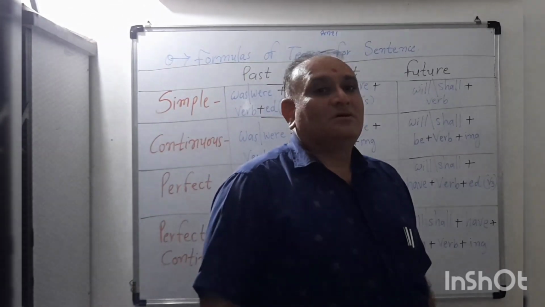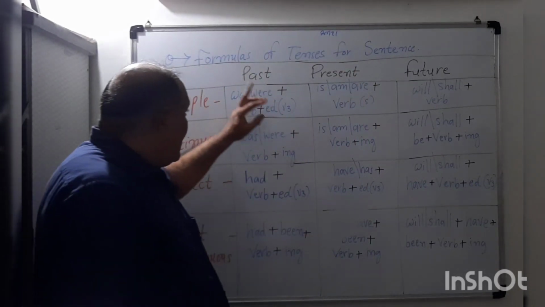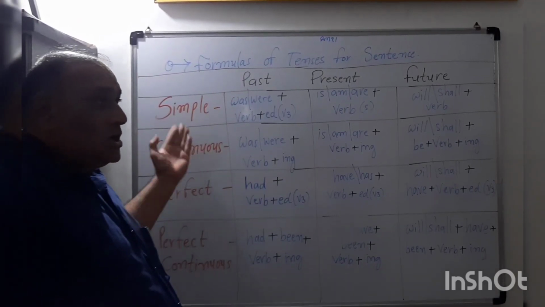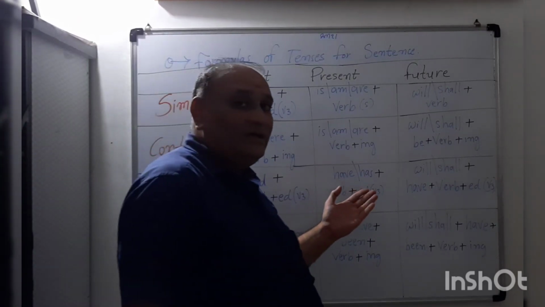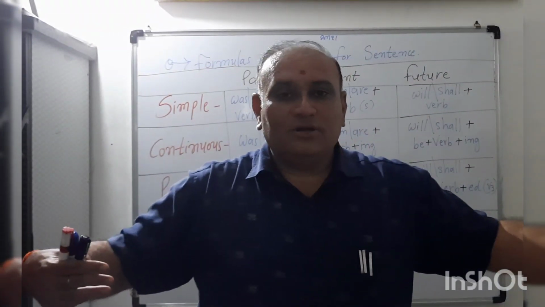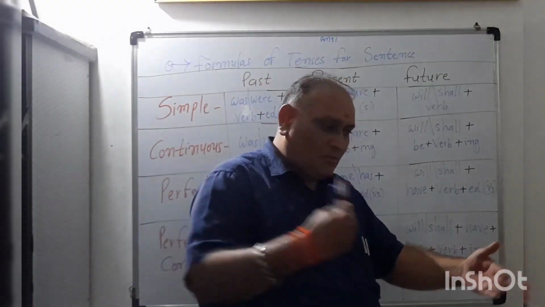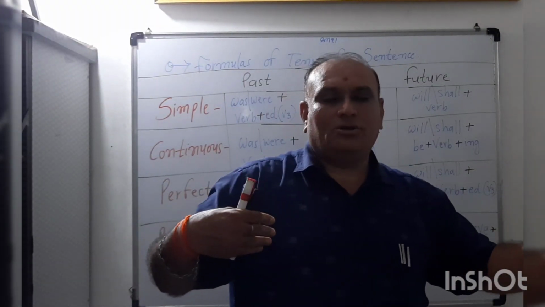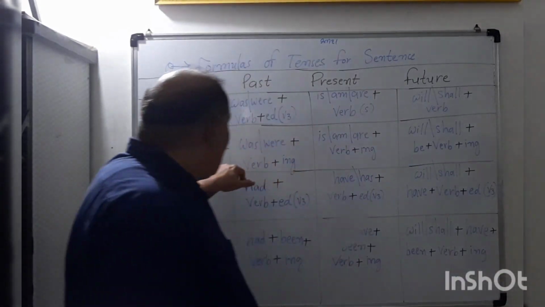Okay, verbs, formulas, fine. Then for the past we are going ahead to continuous. I told you in the beginning of the video that if we know the duration, if something has happened, the motion has happened, and we have a long or short duration, then we should describe it with the continuous.